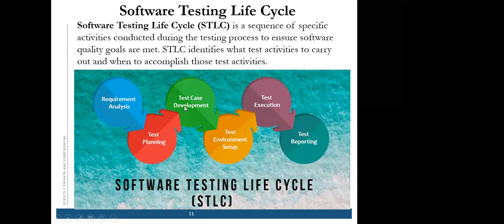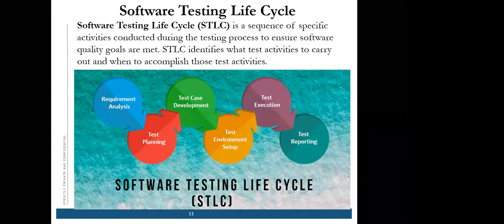Now comes the next stage, which is test case development. Here we start writing our detailed test cases, and along with the test cases, the testing team also starts preparing the test data for the testing.